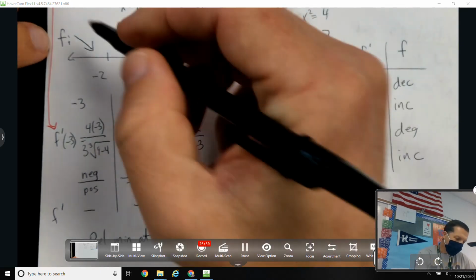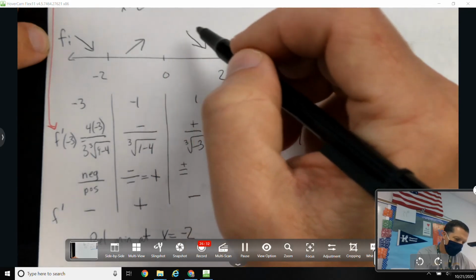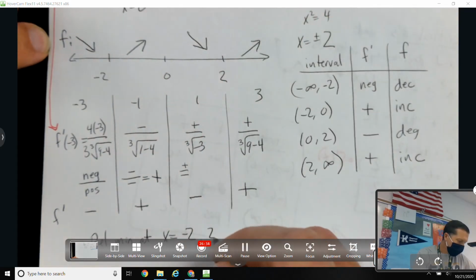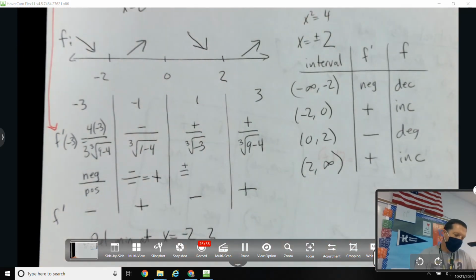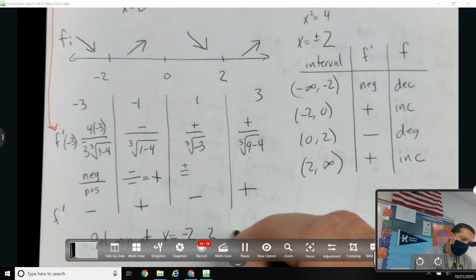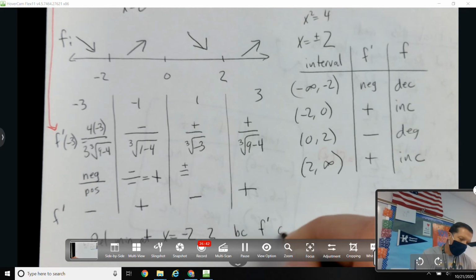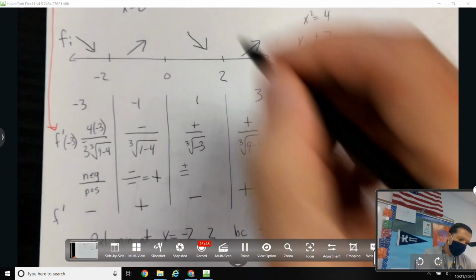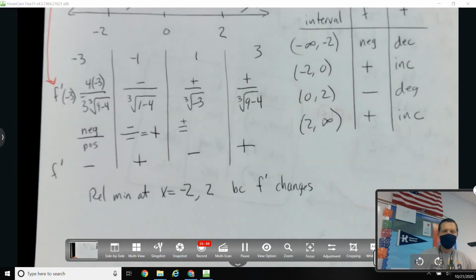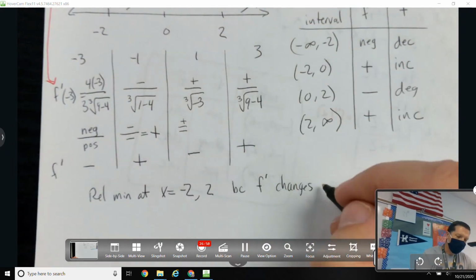Any other relative minimums? Yeah, at 2. And when you say that, that's the right answer, but you have to give the reason. The reason is f prime changes. Again, I don't have it memorized. I'm looking at the picture or thinking about it. F prime changes from negative to positive.